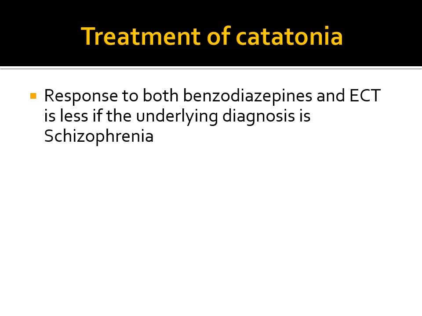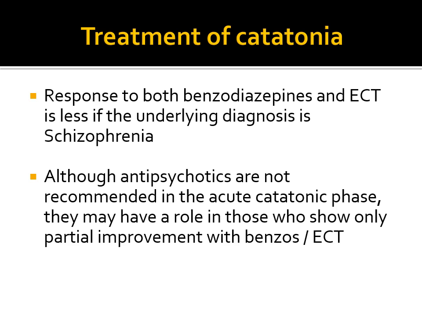Response to both benzodiazepines and electroconvulsive therapy is less if schizophrenia is the underlying cause of the catatonia. Although antipsychotics are not recommended in the acute catatonic phase, they may have a role in those patients who only show partial improvement with benzodiazepines and ECT.